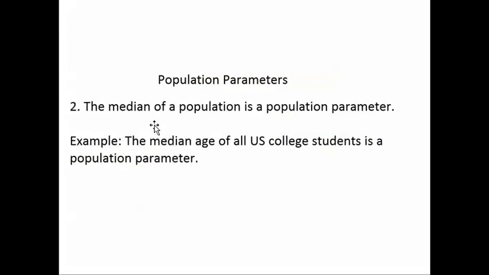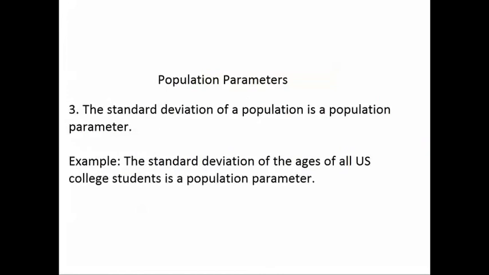The median of a population is also a population parameter, so if you found the median age of all college students in the US, that number would be a population parameter. The standard deviation of a population would also be a population parameter. So if you were somehow able to calculate the standard deviation of the ages of all people in the US, that number that you calculated would be a population parameter.